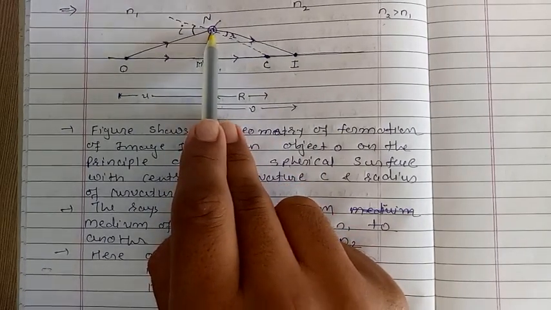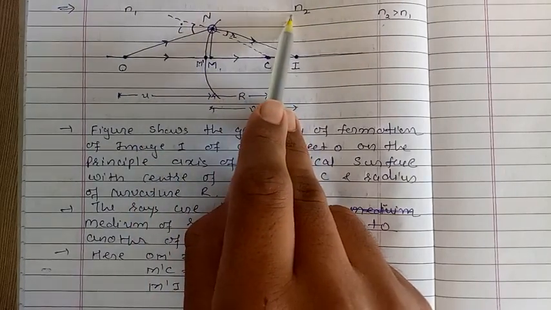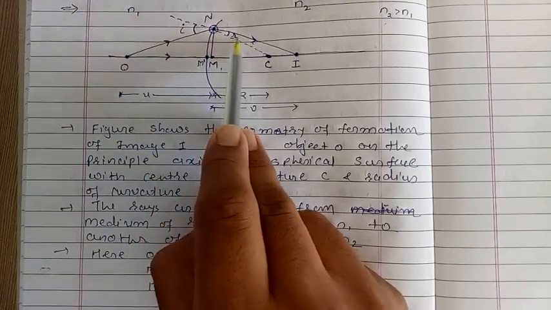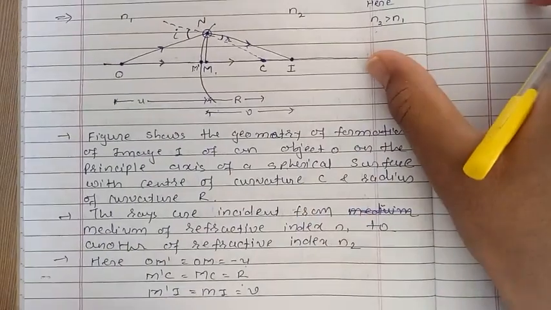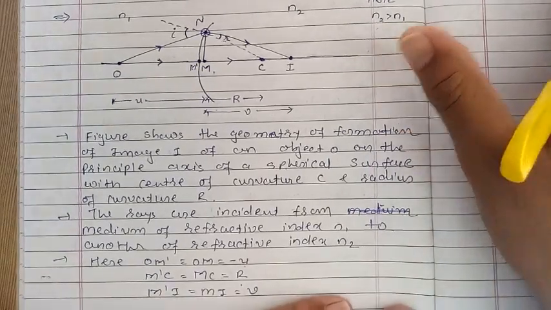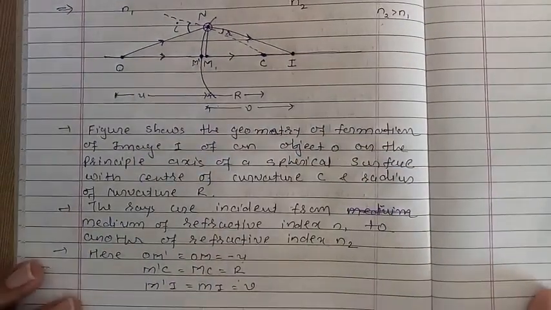There are two media N1 and N2 having refractive indices. Theta 1 is i and theta 2 is r. So we know Snell's law, N1 sin theta 1 is equal to N2 sin theta 2. So theta 1 is i and theta 2 is r.